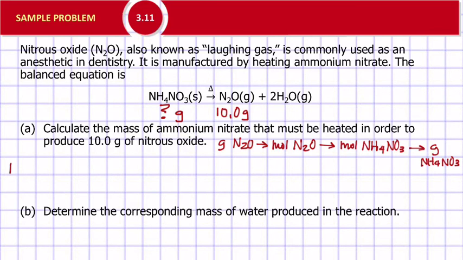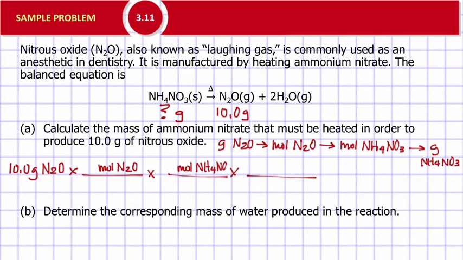So we're starting here with 10.0 grams of N2O. I'm going to have 3 factors. Grams of N2O to moles of N2O to moles of ammonium nitrate to grams of ammonium nitrate.